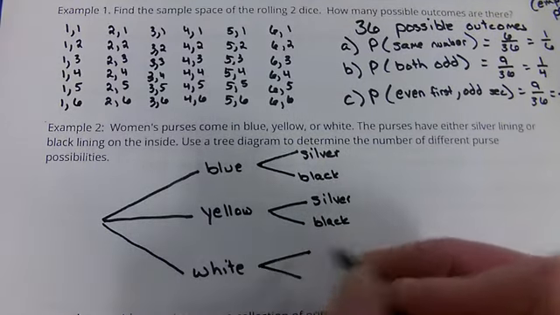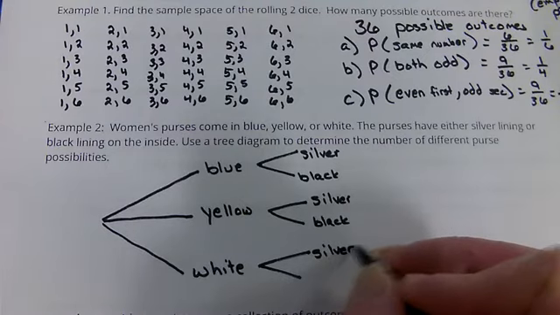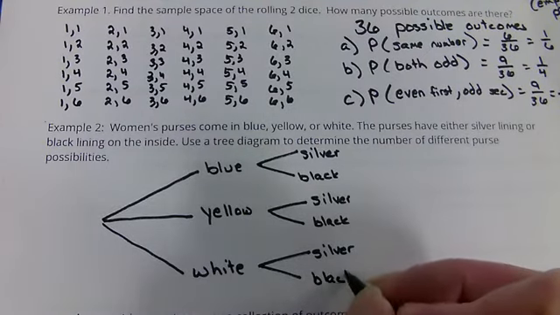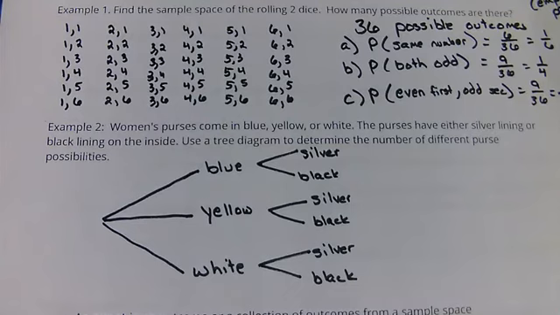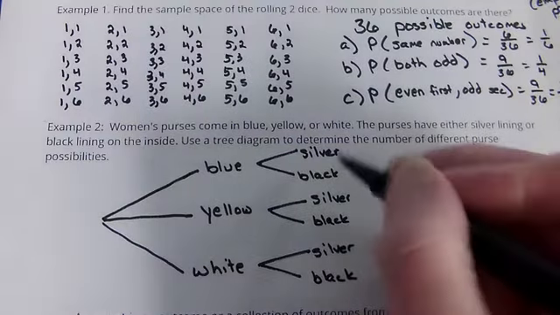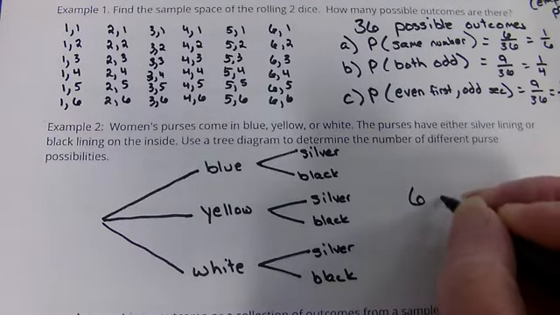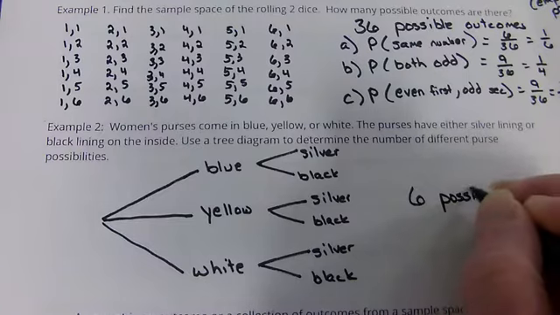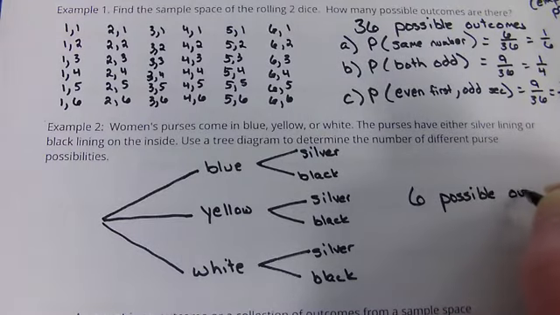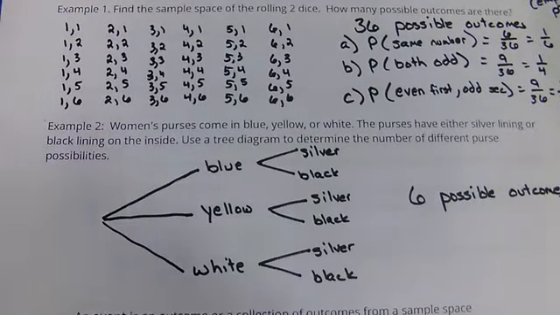And then silver or black. This is called a tree diagram because it kind of resembles a tree. And it also helps us determine the number of possibilities. So 1, 2, 3, 4, 5, 6. We have 6 possible outcomes. So these are 2 different ways of finding your sample space.